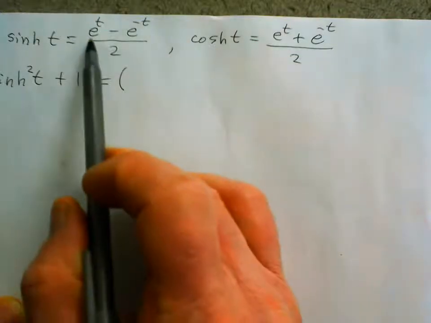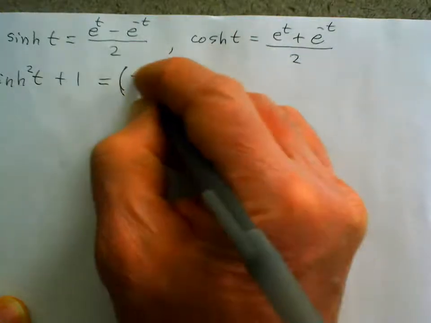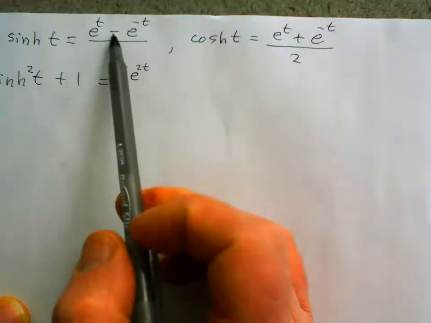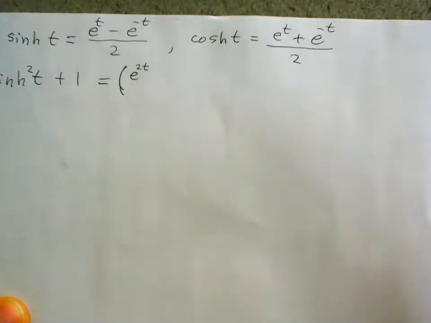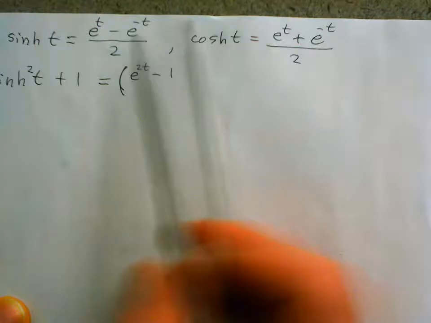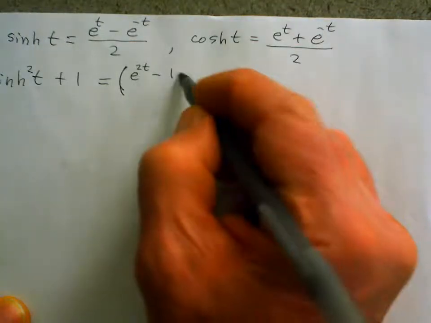So e to the t times e to the t is e to the 2t. And then I'm going to subtract e to the t times e to the negative t, which is e to the 0, which is 1. So I'm going to subtract 1. And then I'm going to subtract e to the negative t times e to the t, which is minus 1 again.